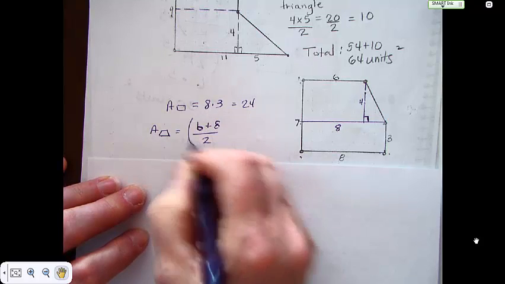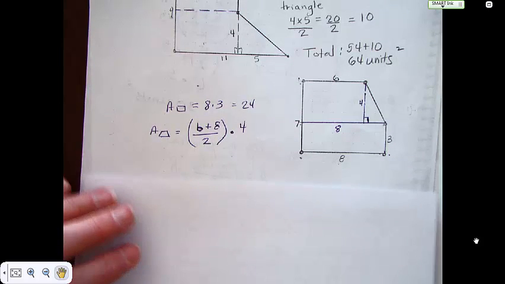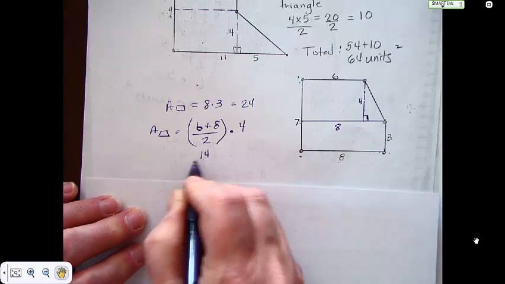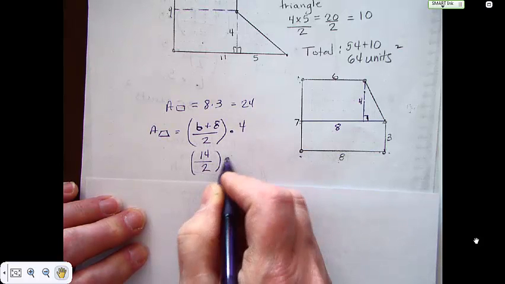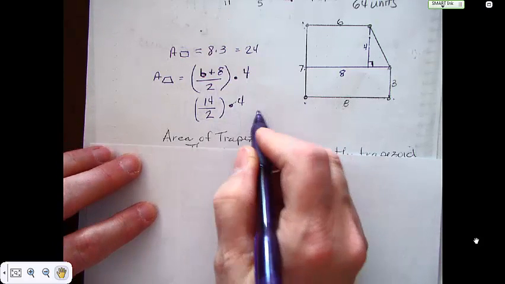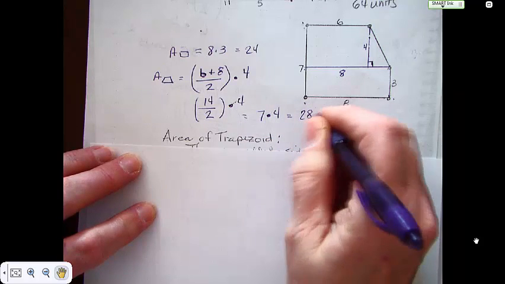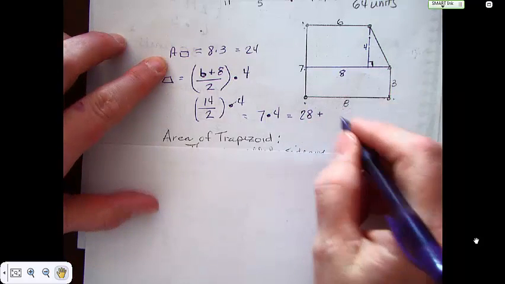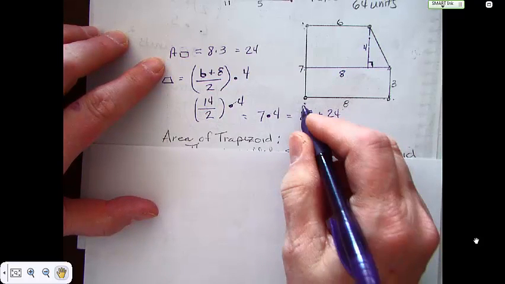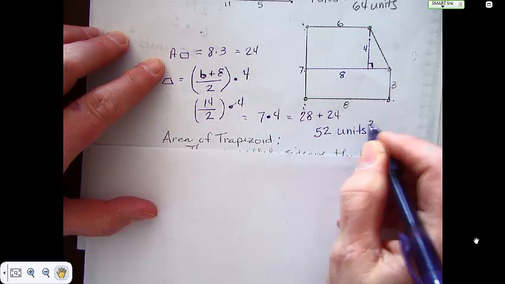Take the average of that and multiply it times the height, which is 4. 6 plus 8 is 14, divided by 2 times 4. So you would find that to be 7 times 4, which is 28, plus the area of the rectangle, which is 24, giving 52 units squared.